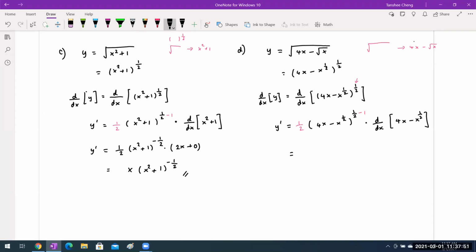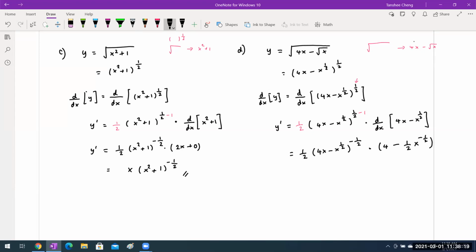So this will give us 1/2 times 4x minus x to the 1/2 power to the negative 1/2 times, now taking the derivative of the inner function, the derivative of the first term will be 4. Taking the derivative of the second term, which is going to be 1/2, bring down the power and minus 1. So 1/2 minus 1 will be negative 1/2.